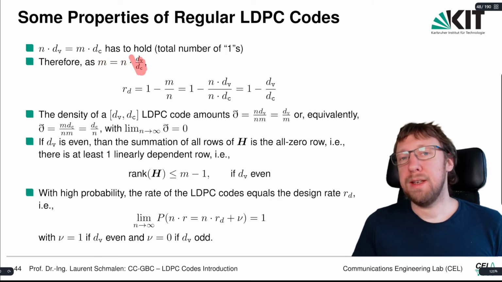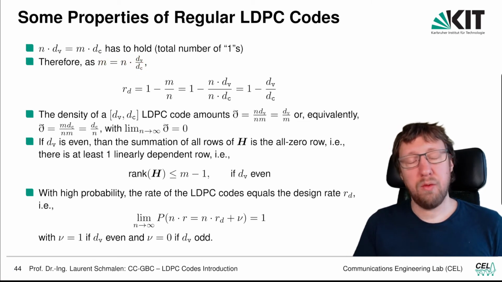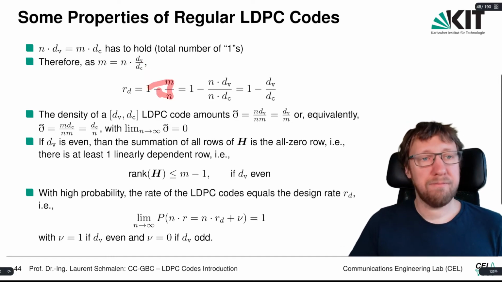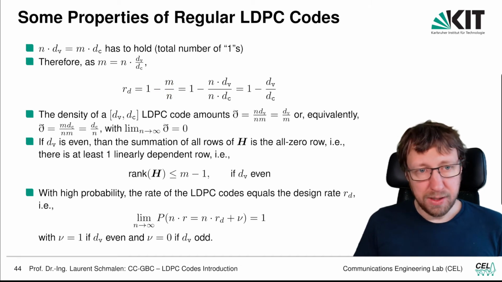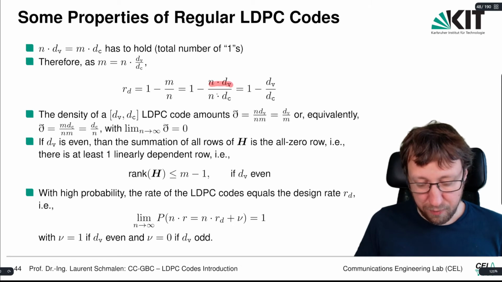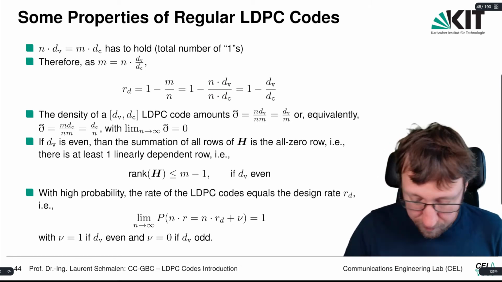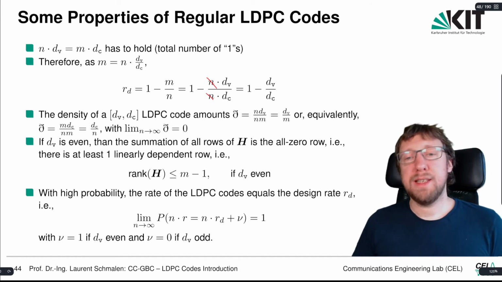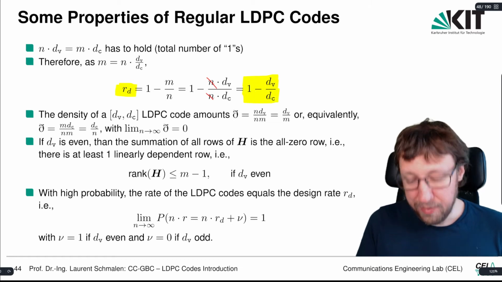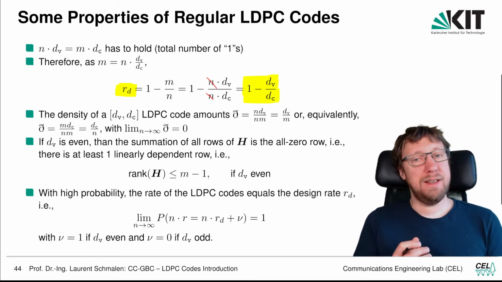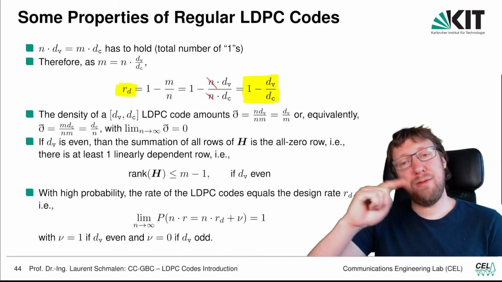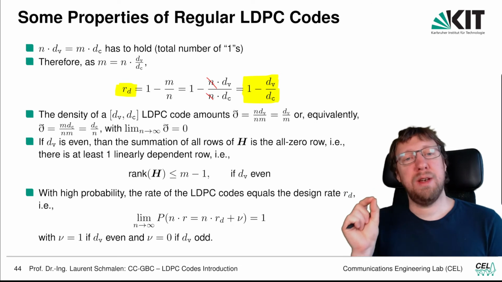Now we can calculate the design rate of the code. We know the design rate is 1 minus m over n. So we insert m and n here. It's 1 minus n times dv over n times dc. Cancel n. So the design rate is given by 1 minus dv over dc. That's the design rate of a regular LDPC code. So the parameters dv and dc uniquely determine the design rate of the code.